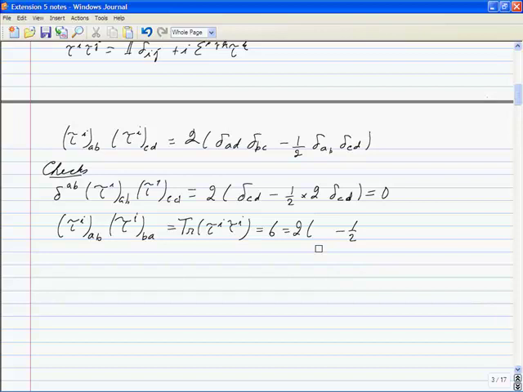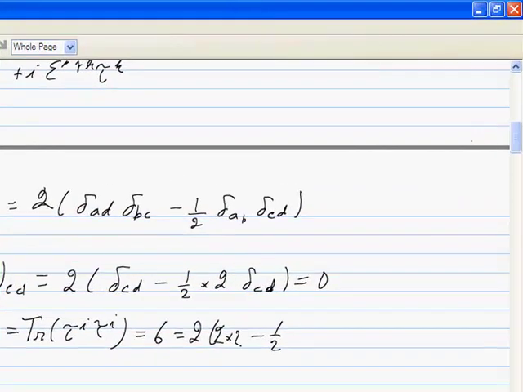A and D were equal to each other, so delta AD times delta AD is 2, so that piece gives 2 for each of the delta functions, and then minus 1/2, this guy gives 2, because I've taken A and D equal to each other and B and C equal to each other, so when they're all 1 it gives 1, and when they're all 2 it gives another 1. It ends up being 6 also.